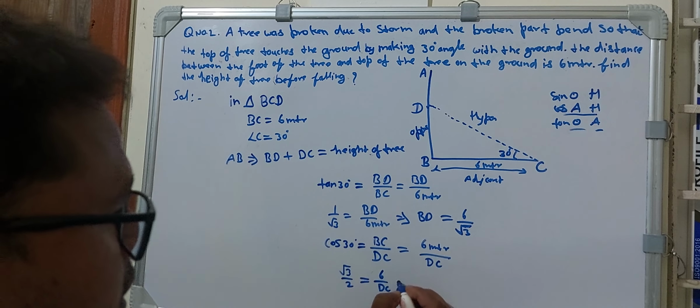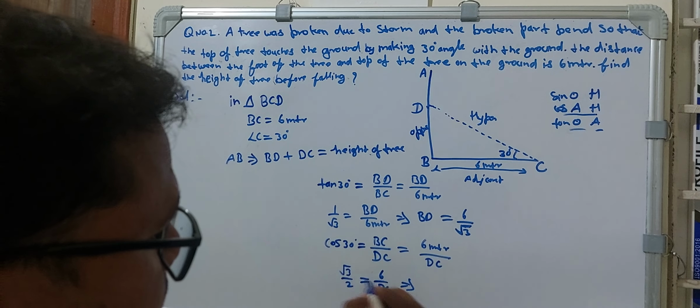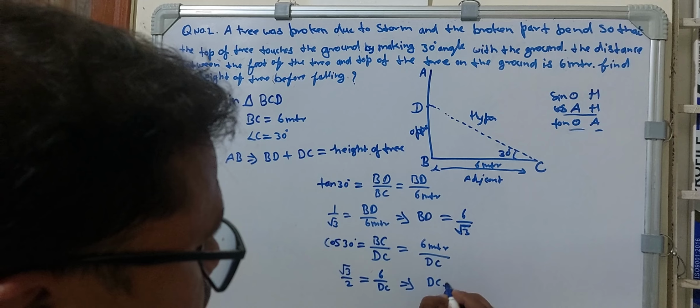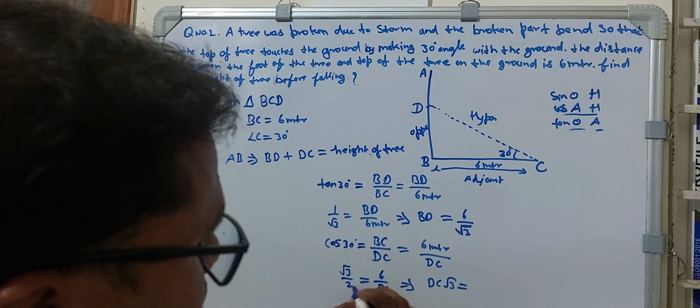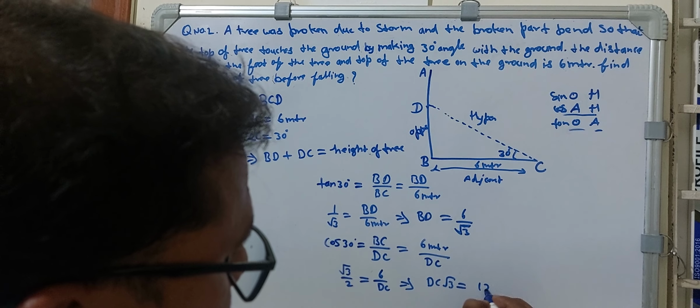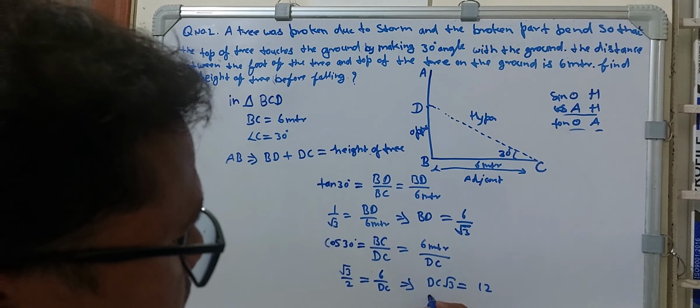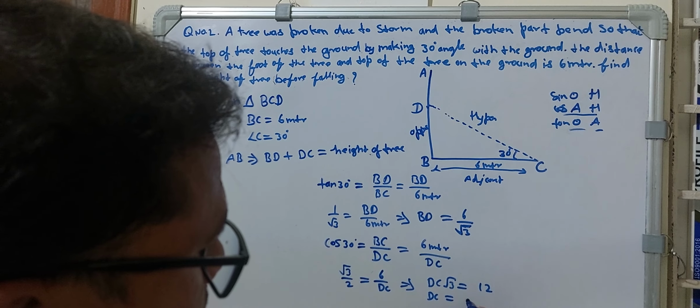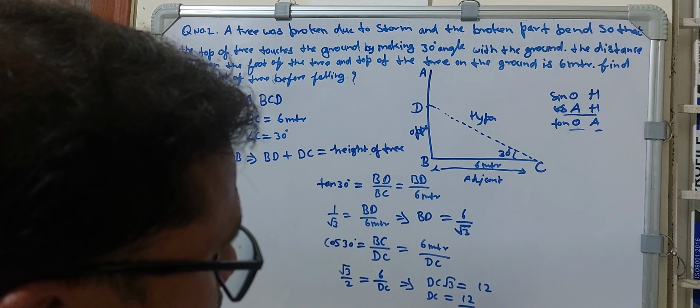Now do cross multiplication, implies that DC root 3 is equal to 6 times 2, that is 12. So DC will be what? 12 by root 3.